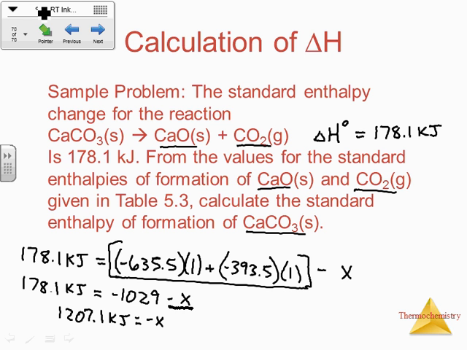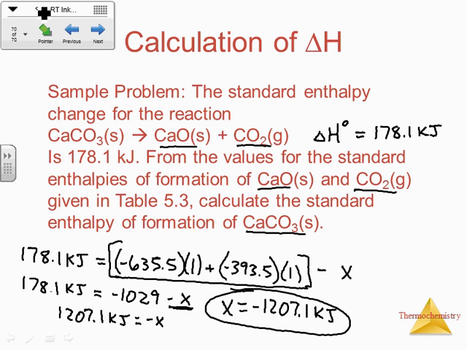You still got your negative sign on this X. So then our X here actually ends up being negative 1207.1 kilojoules. And then if you want to check that in the book, on your chart, that's exactly what it is, negative 1207.1.